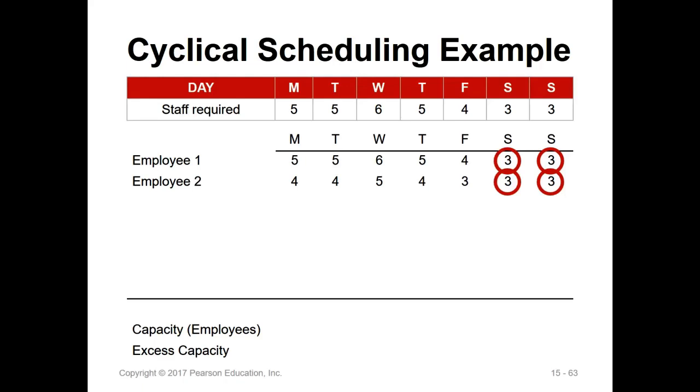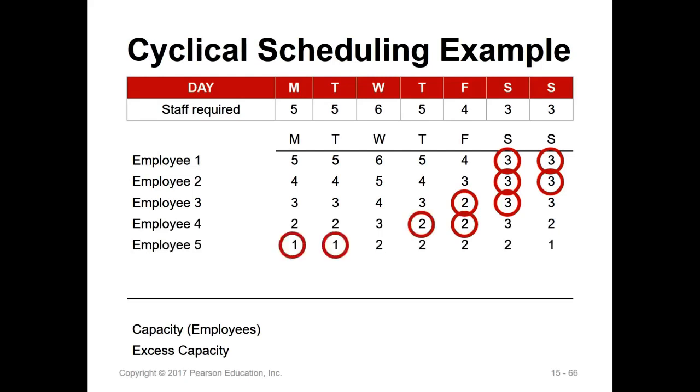Keep doing the same. Keep 3, 3 unchanged, but subtract 1 from the rest of the numbers. Now we have 2 and 3. These 2 numbers are the smallest. So employee 3 will get rest Friday and Saturday, but will work on Sunday. And repeat this until you finish.